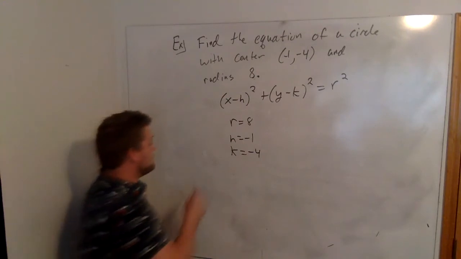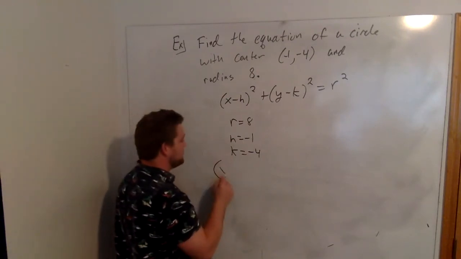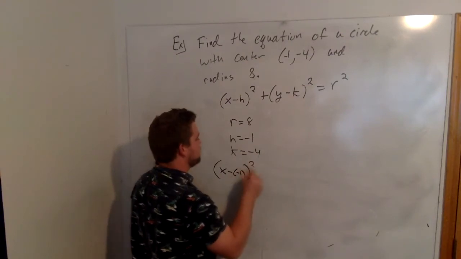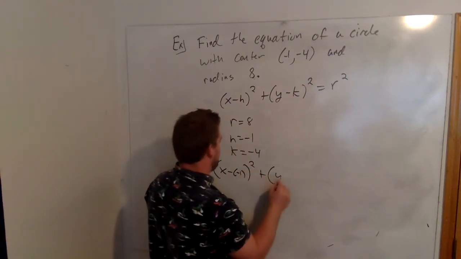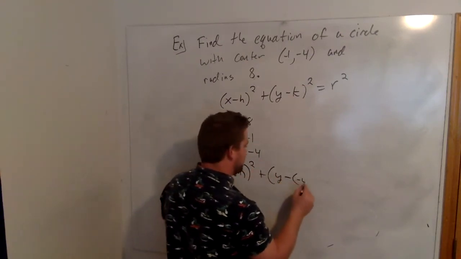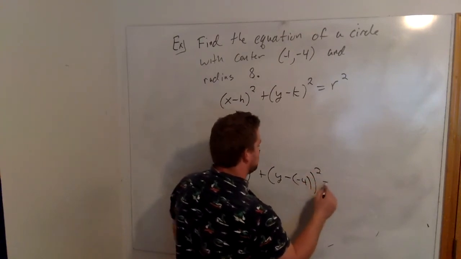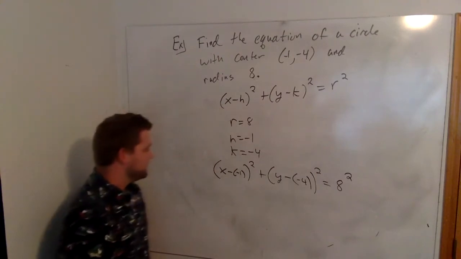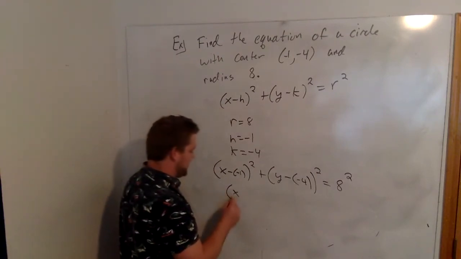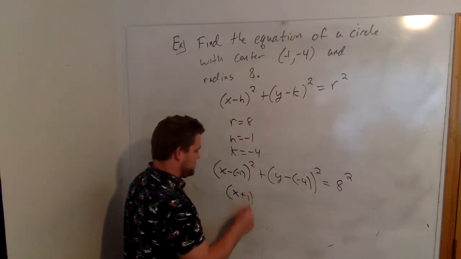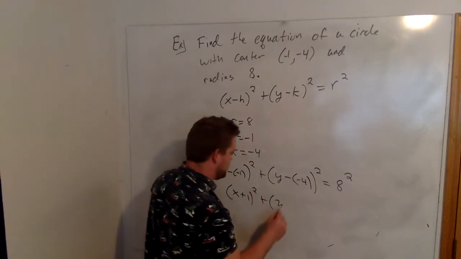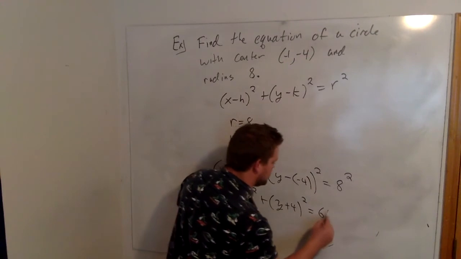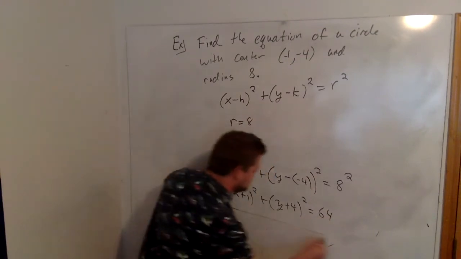If we input all those values, this will be (x minus -1) squared plus (y minus -4) squared equals 8 squared. So this will be (x plus 1) squared plus (y plus 4) squared equals 64. And here we have it.